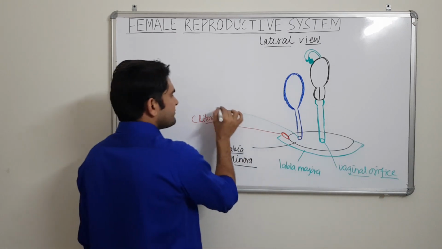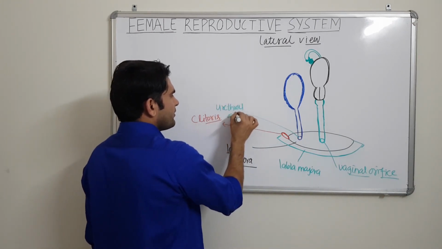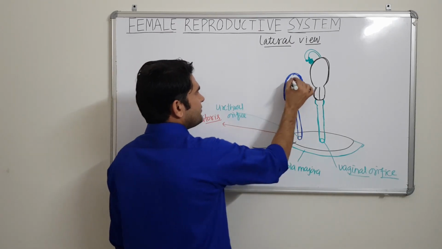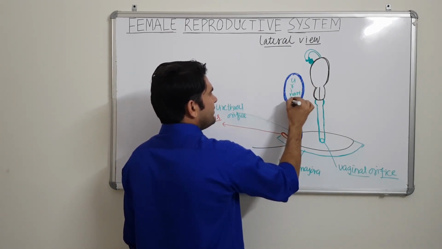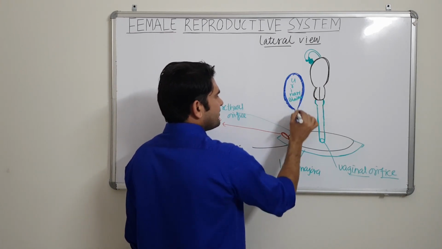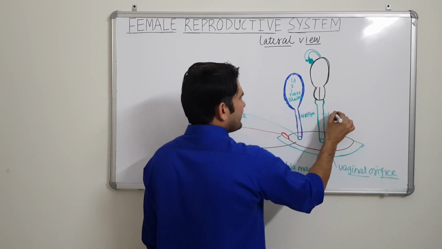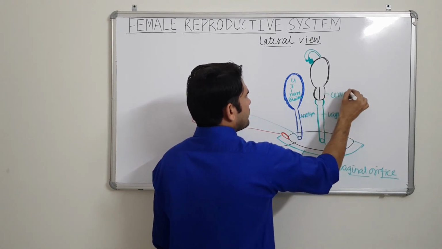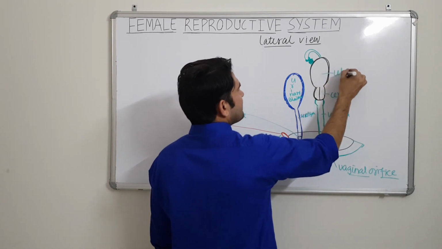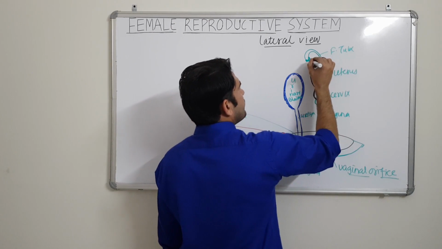This here is the urethral orifice. This here is the urinary bladder. This is the urethra, that's the vaginal canal, that is the cervix, this is the uterus, that is the fallopian tube, and this here is the ovary.